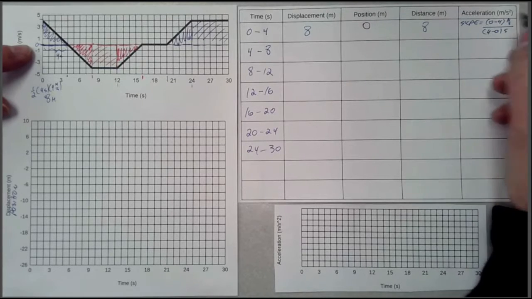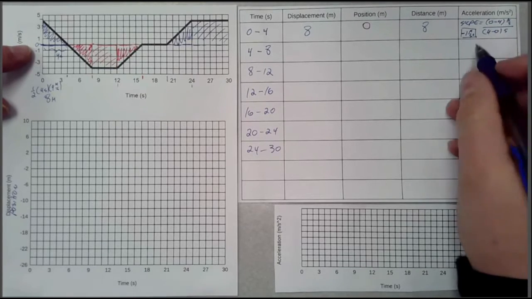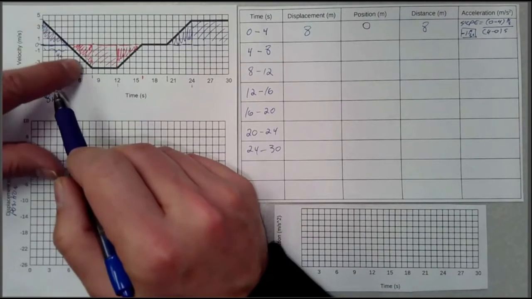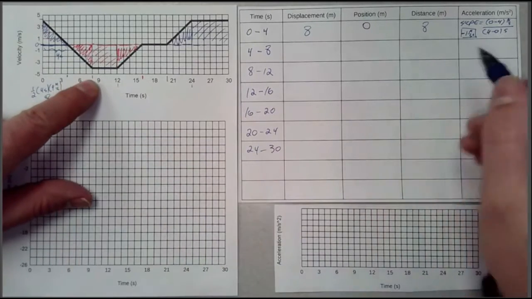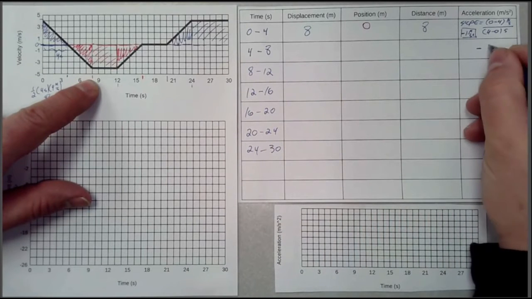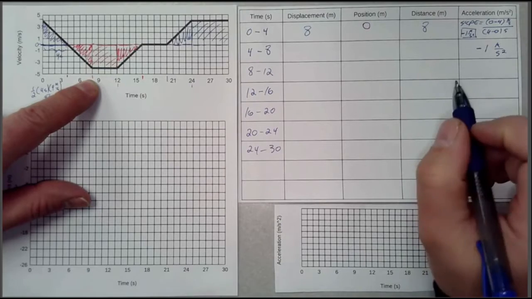And so for this first slope, we end up with a negative 1 meter per second squared. Now that slope continues up to 8 seconds. So I know that this next time segment is also negative 1 meter per second squared.